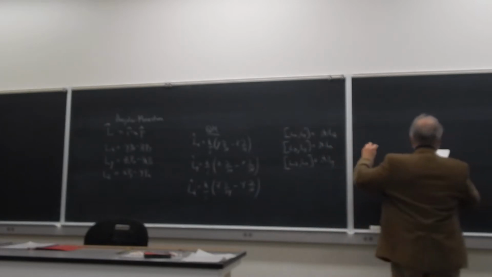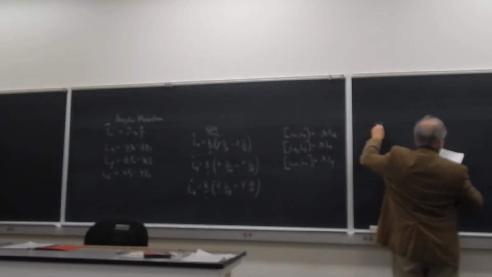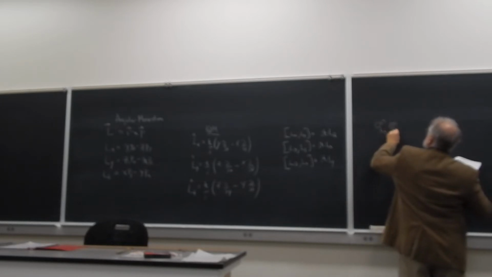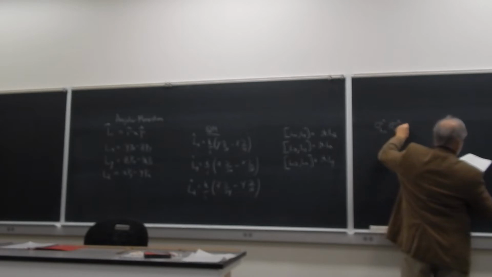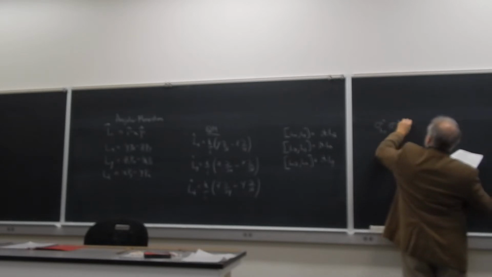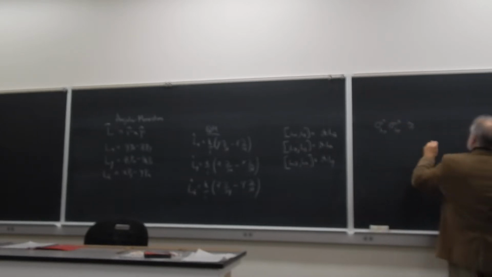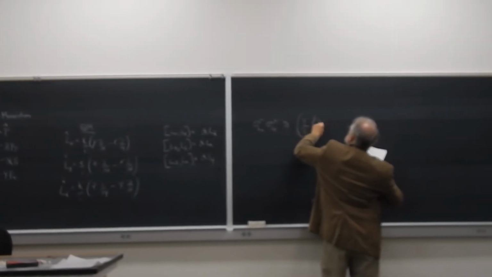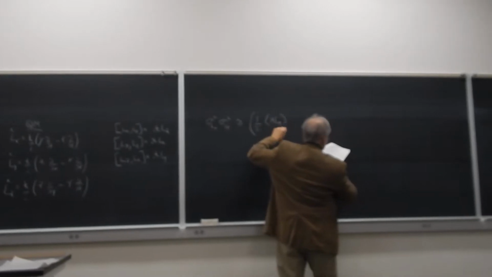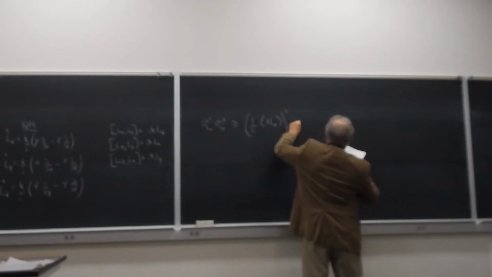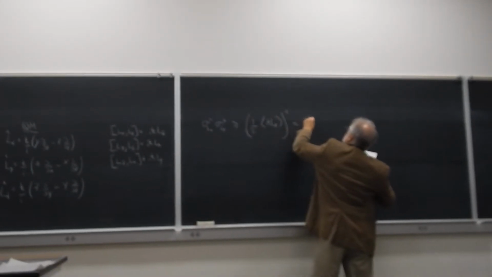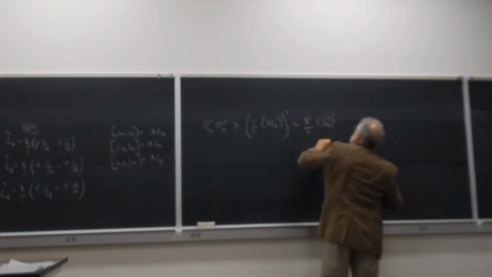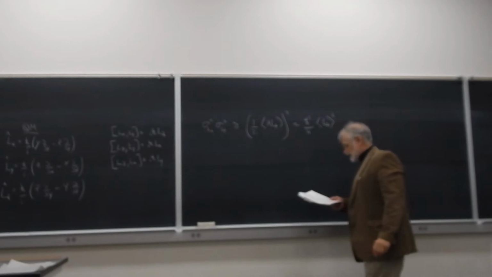By the uncertainty principle, sigma Lx squared times sigma Ly squared is going to be greater than or equal to the expectation value of 1 over 2i times i h bar Lz, squared, which is h bar squared over 4 times the expectation value of Lz squared.